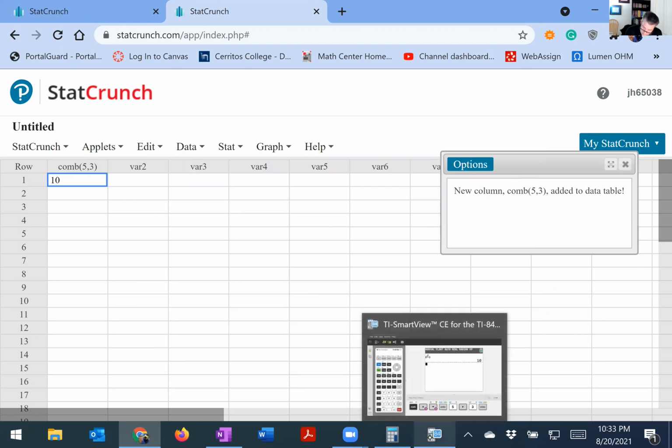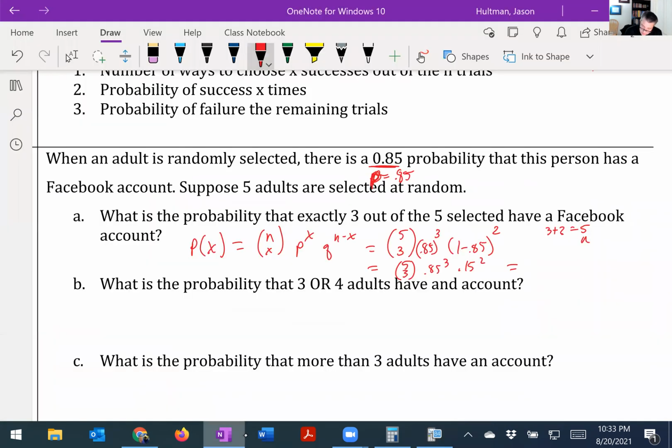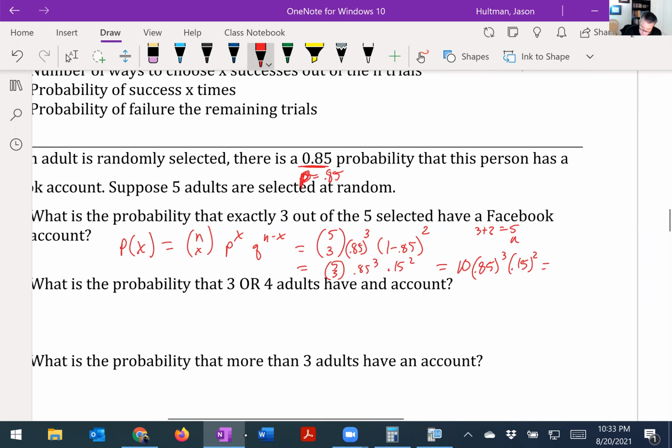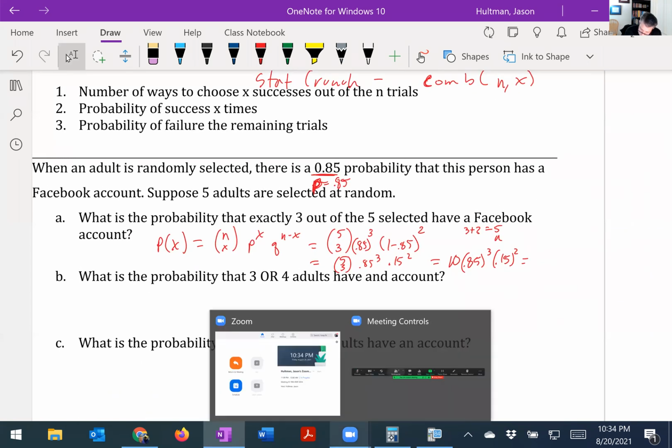Okay, let's go back to the calculator real quick, because we want to compute this whole thing. Well, what was 5 choose 3? We saw that was 10, times 0.85 to the third power, times 0.15 to the second power. And I want to calculate this. Let's go to our calculator.